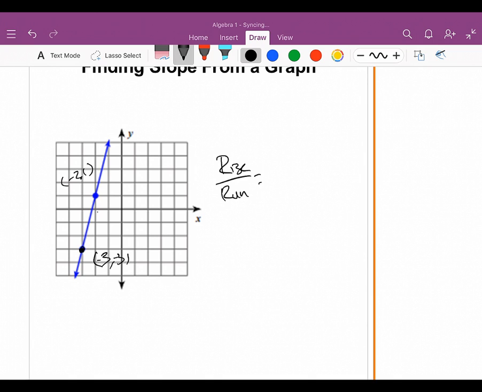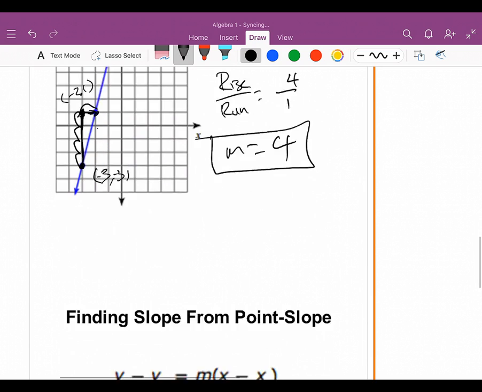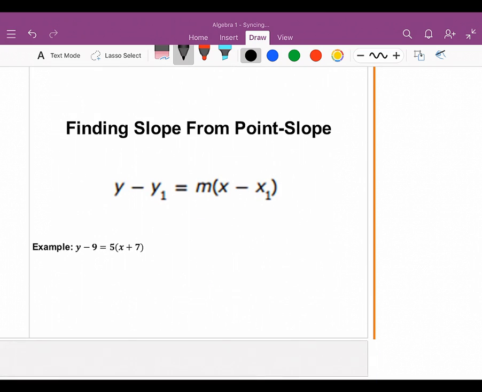So if you have 2 points, you're going to count how much it is rising by. Well, 1, 2, 3, 4. It takes me 4. All right, I have to rise 4 to get up to the next point. Okay, so from this point to travel up here, right, it would be 4. And then I got to move over to the right. I got to run, okay, and I'm only running 1, so it's 4 over 1, or your slope is just 4.